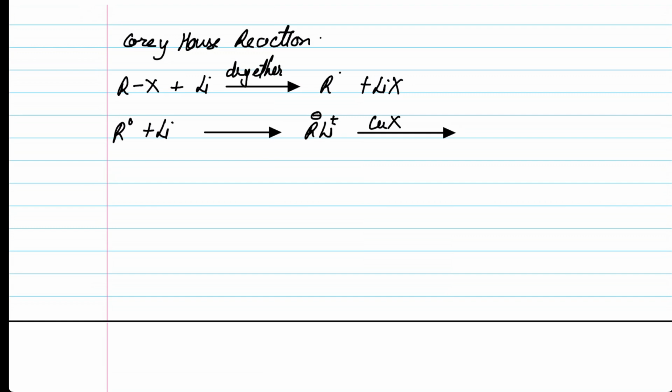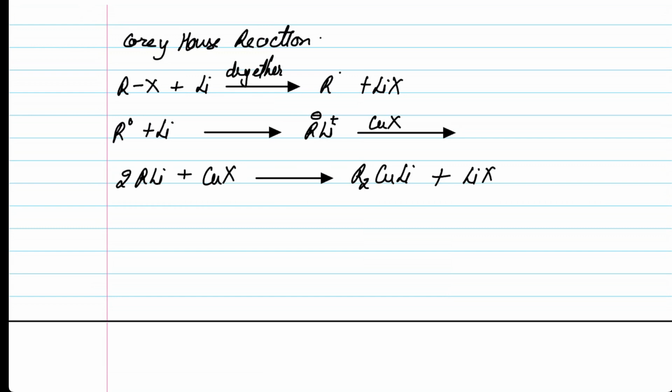When it reacts with cuprous halide, twice of RLi reacts with CuX to form R2CuLi plus LiX. Now, this is dialkyl lithium copper or dialkyl lithium cuprate.